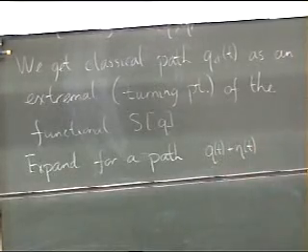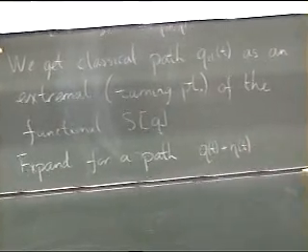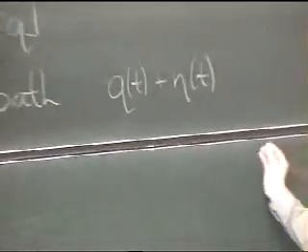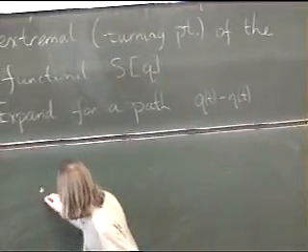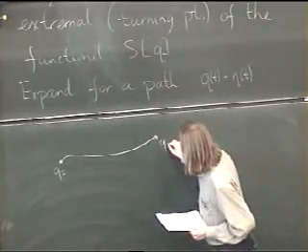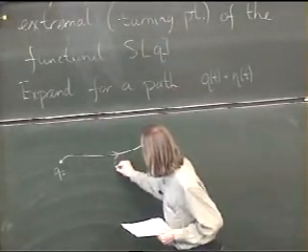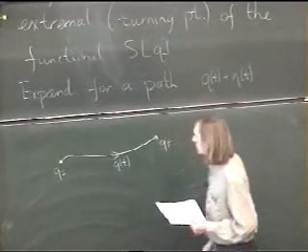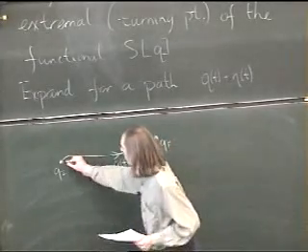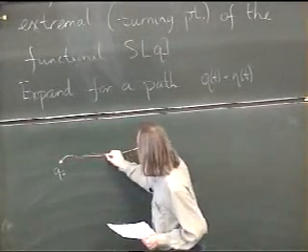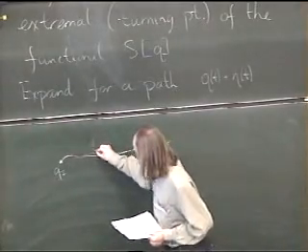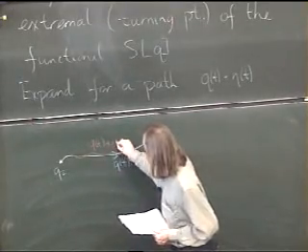So we take some path q of t and add some little variation onto that, eta of t. Take some path like that, and then add a little bit onto it. The small variation goes maybe along a similar path, but not quite. This red one would be q plus eta.